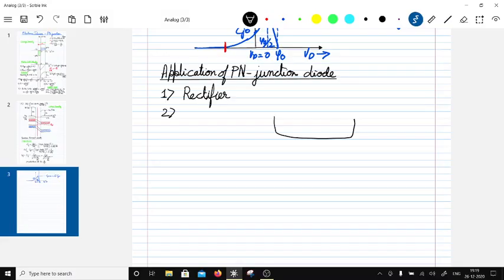A PMOS device is going to sit here in an n-well, and there is going to be p minus over here, and the device sits over here.